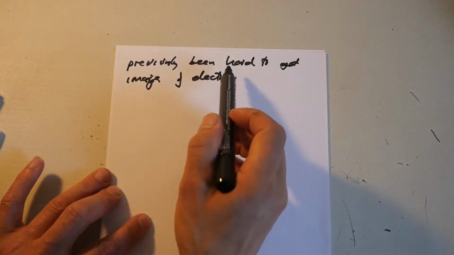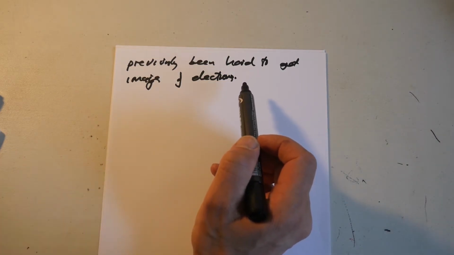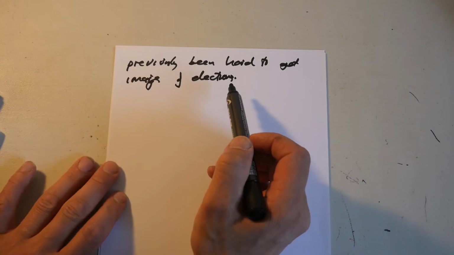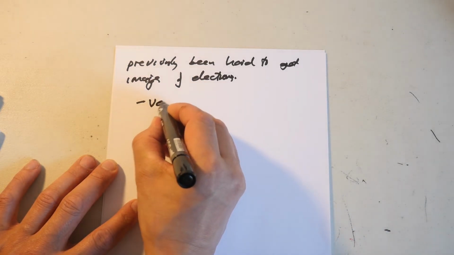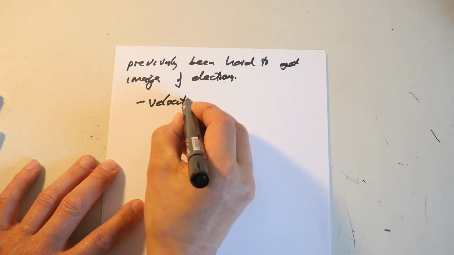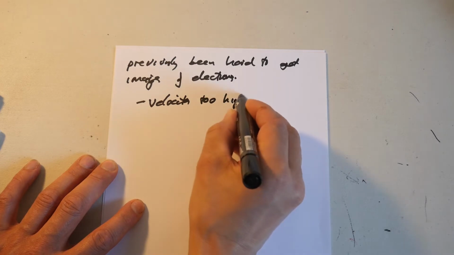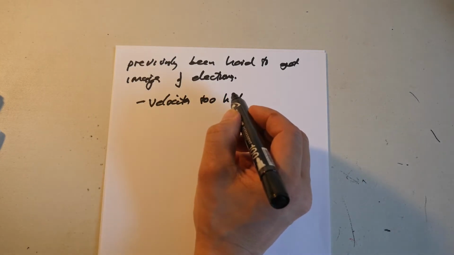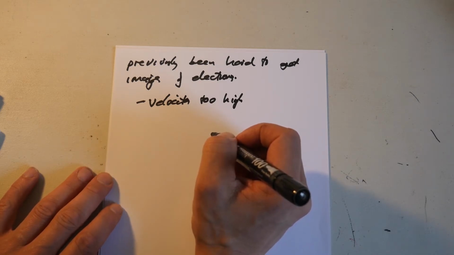It's been virtually impossible to get what you might call a photograph or an image of an electron because the velocities are too high. It's far too rapid an event to be able to capture this.